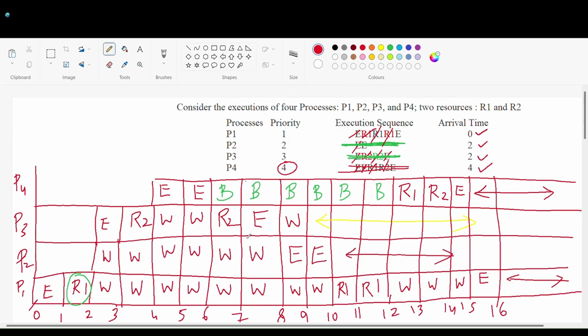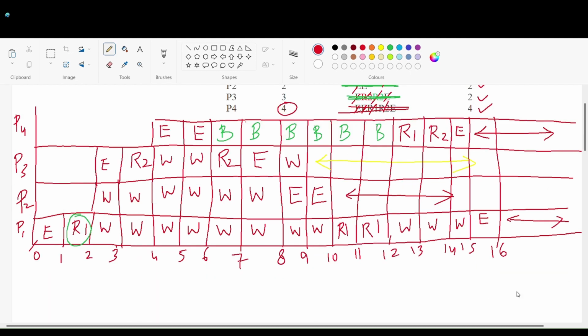So in this question you have to determine which process was blocked during the execution. So the process P4 was blocked during the execution from 6 to 12.